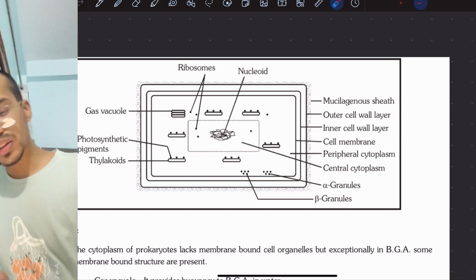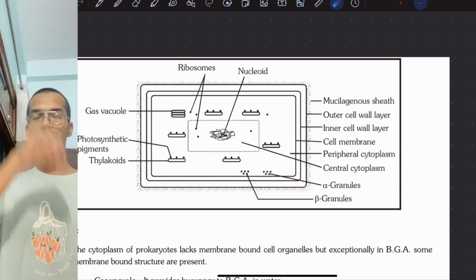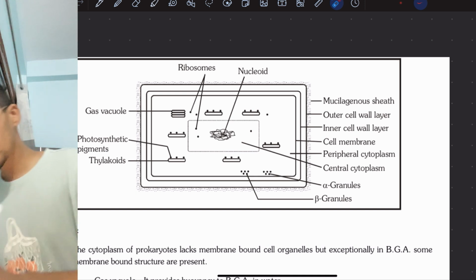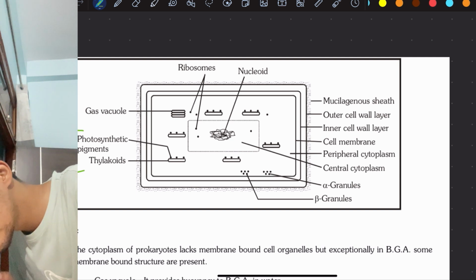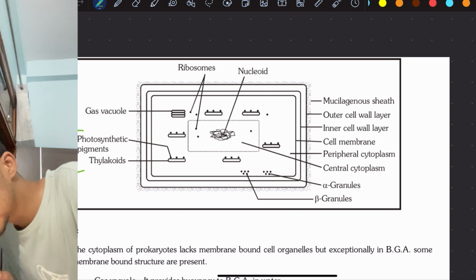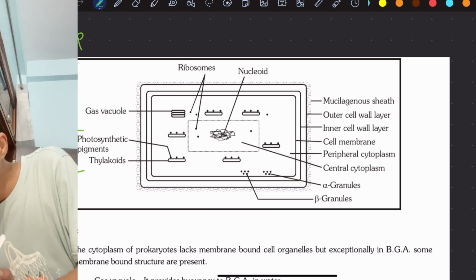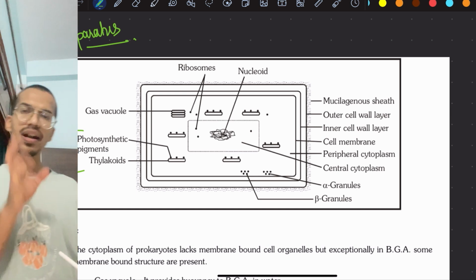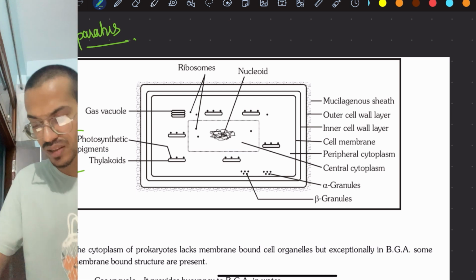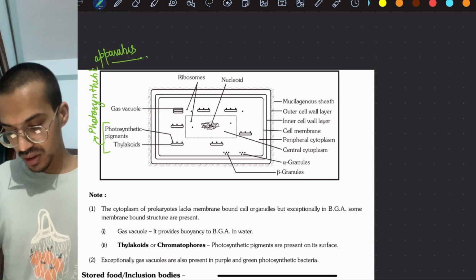Photosynthetic pigments are present inside this thylakoid, so here only I am writing it. This is the photosynthetic apparatus. So the thylakoid and the presence of pigments inside it will help in it.